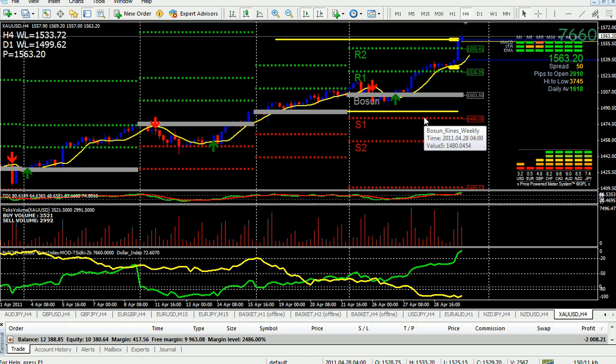So use these lines as they are, in fact, double top, double bottom confirmation lines. They are supply and demand zones, or in some cases, fractals of the line. See, this is a fractal of the Bosun's line. It's gone above it. You have 1, 2, and the fractal of above the line.